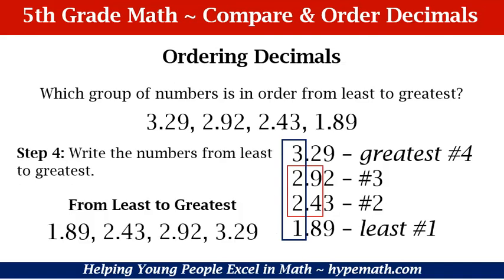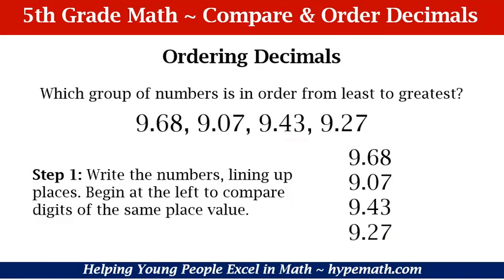So going from least to greatest, we would write 1.89, 2.43, 2.92, and 3.29. That is ordering the numbers from least or smallest to greatest, or another way of saying greatest is biggest or largest, okay?